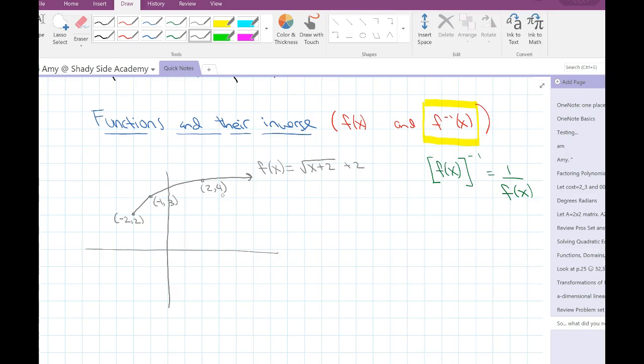From a graphical perspective, the inverse of f of x, okay, so here's the first kind of point I'm going to make about inverses. The inverse of f is a reflection of f of x over the line y equals x.